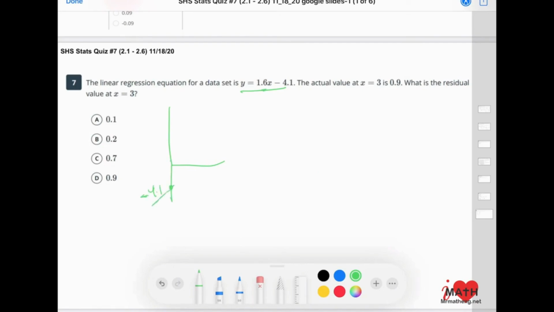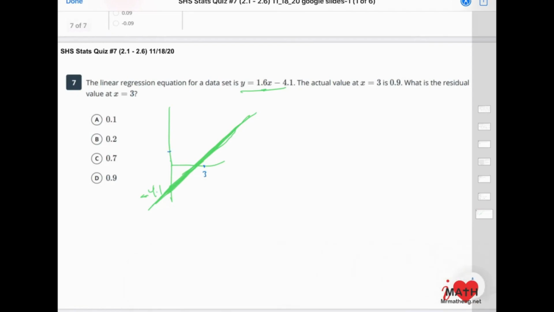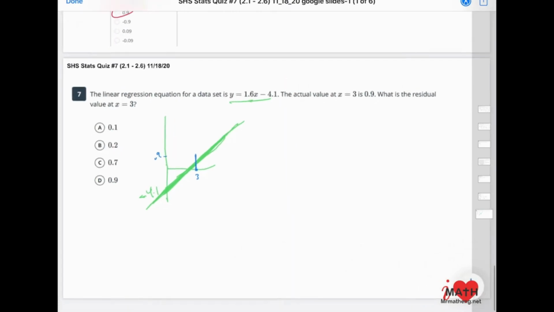So this is my regression line. Okay? But they're saying at x equals 3, I don't know, maybe this is 3 and 0.9 is 0.9. So what is the residual? Is it going to be above or below?